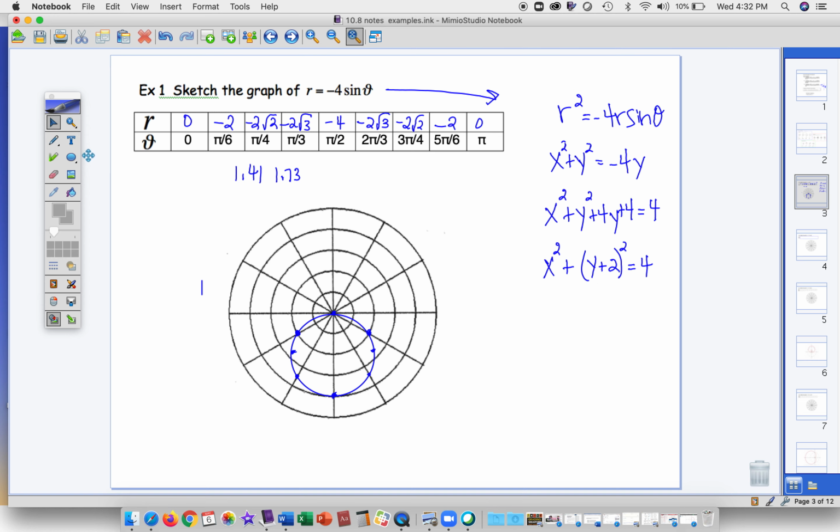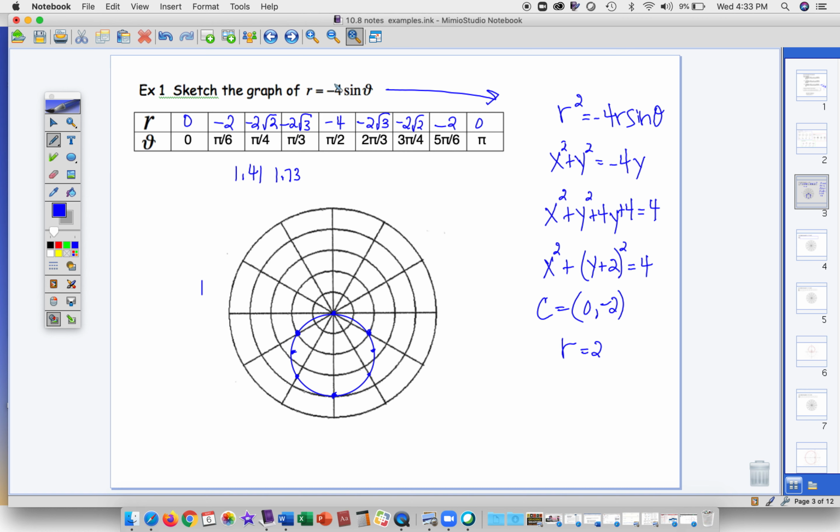So this would be the circle with the center at 0, negative 2. And the radius, and this is r squared, so the radius is 2. So there's that center, and there's that radius of the length of 2 units.